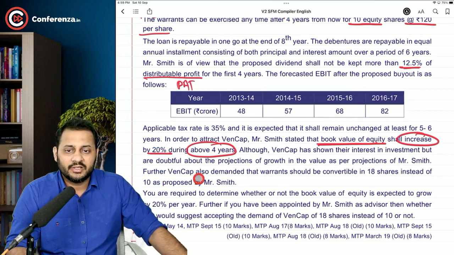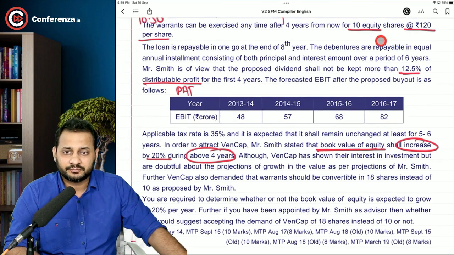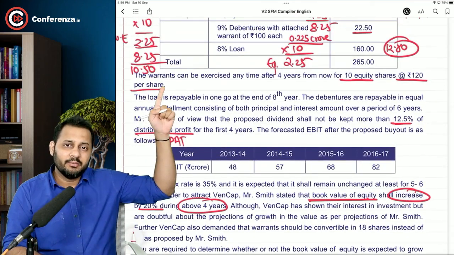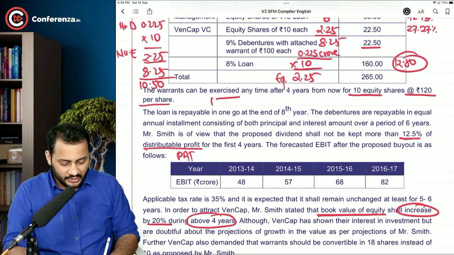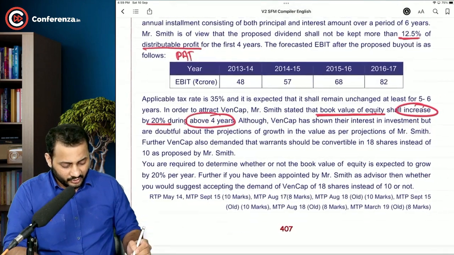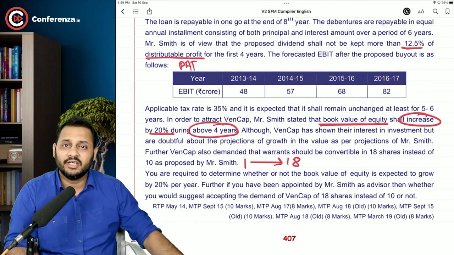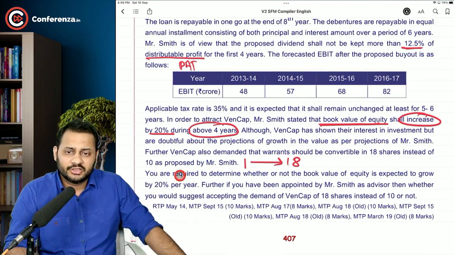Further, venture capitalists also demanded that warrants should be convertible in 18 share and not 10 shares. See, right now the condition is every debenture will be converted into 10 equity share. But what the venture capitalists are demanding is it should be converted into 18 equity shares instead of 10.